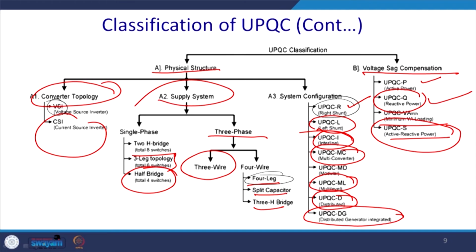Otherwise, you may have a multilevel inverter, which is also a preferred mode, and nowadays a generating unit is also being incorporated with the power quality. So that can also be part of the system, and generally this is the preferred UPQC, with active and reactive power compensation both integrated into a single solution.